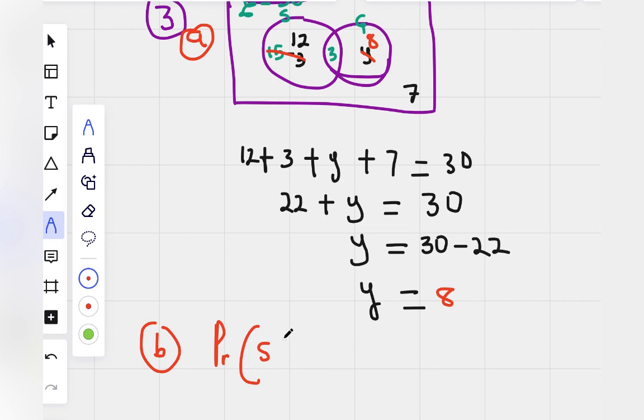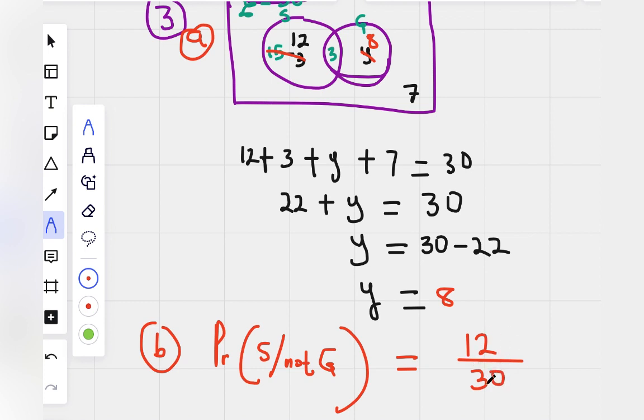Spanish, then not German, meaning it must not include the German language in the number of students. That probability will be equal to the number of students who do Spanish only, which is 12, over the total number of students in the class, which is 30.